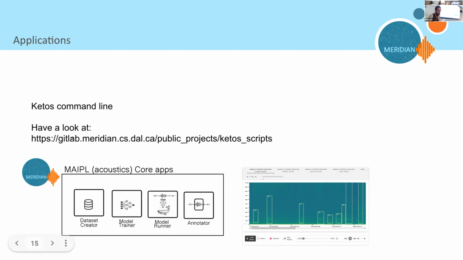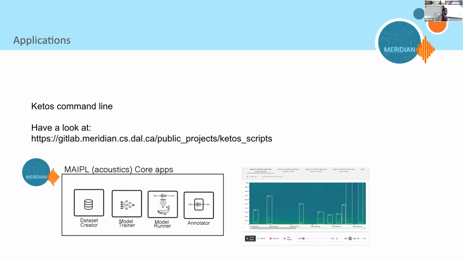And the last thing I'd like to mention is that Meridian is also working on a web-based platform which we call Maple Acoustics, standing for Marine Artificial Intelligence Platform. And the idea is that we'll add different toolboxes to this platform.